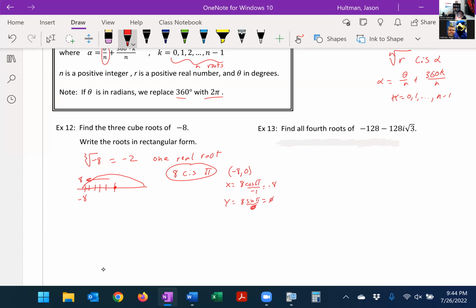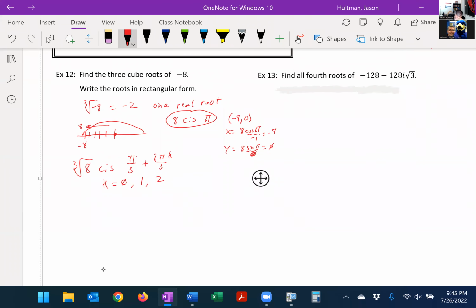Well, it's the cube root of 8 times CIS of pi over 3 plus 2 pi k over 3, for k equaling 0, 1, and 2. The cube root of 8 is just 2, so that becomes a 2.